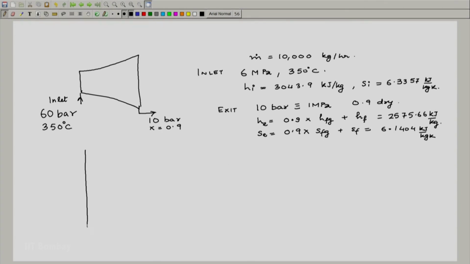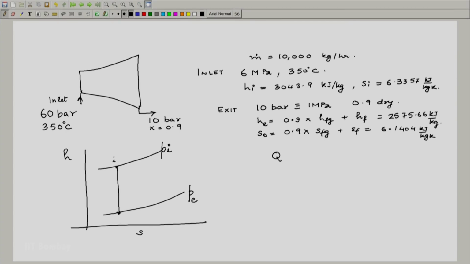Now, we draw our HS diagram. This is our inlet to the nozzle. So, let me write this PI, this is PE, this is I, and we would have expected an ideal process to go like this if it was adiabatic, and we are assuming Q dot equal to 0 because nothing is mentioned about it.